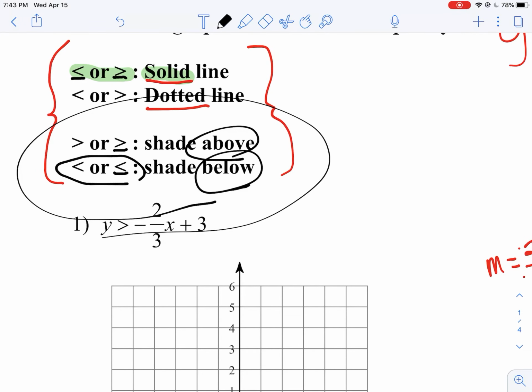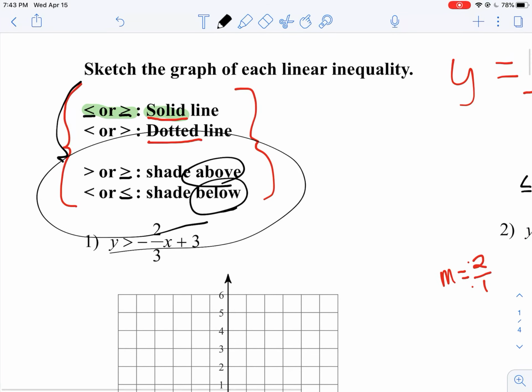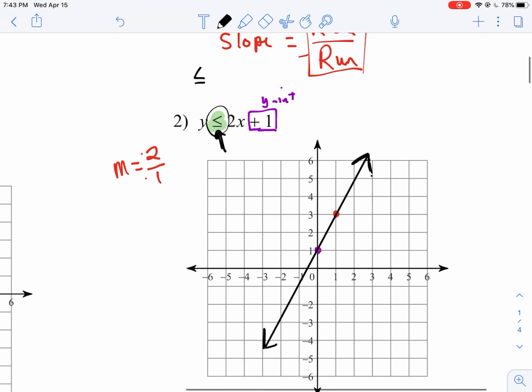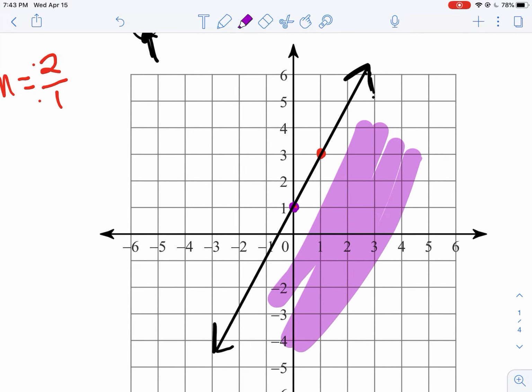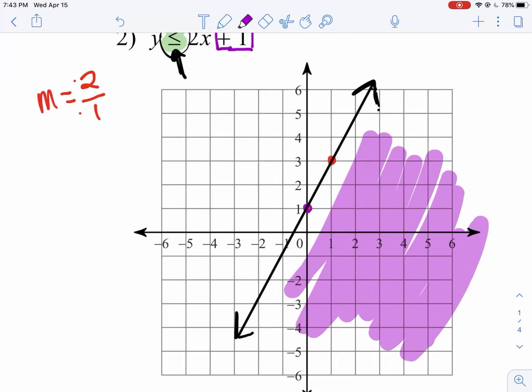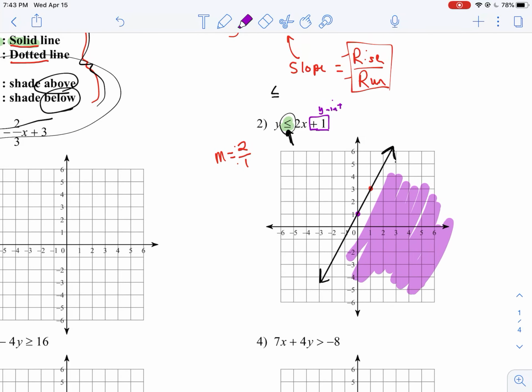Here's the less thans or less than or equal tos. It says shade below. So all I have to do is follow the directions from this little guide, and you will figure out whether I do solid or dotted line or shade above, shade below. I believe ours was less than, so that's shade below. So I would somehow shade, you could use a highlighter like me, shade below the graph.